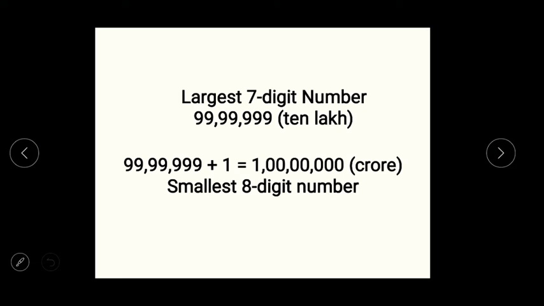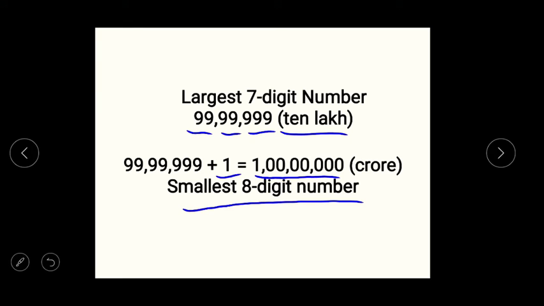Now we know the 7-digit numbers are known as 10 lakh. So the largest 7-digit number will be 99,99,999. If we add 1 to the largest 7-digit number, we get the smallest 8-digit number, that is 1 crore.